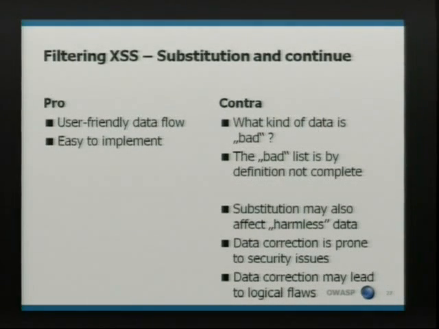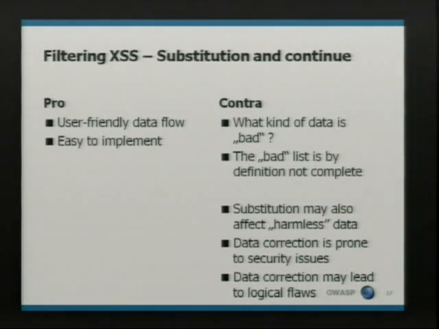So the substitution and continue approach is first of all quite easy also to implement, and it is very user-friendly for the data flow of the application. And we have, again, the same disadvantage that we have to define the bad data. And in the next point, we could also substitute harmless data at some point, which maybe affects the business logic of the application.